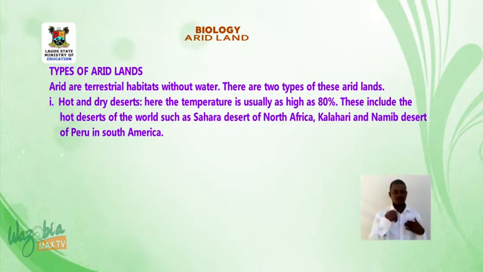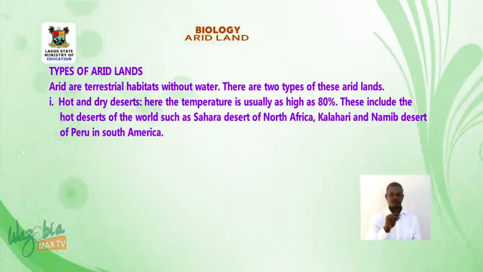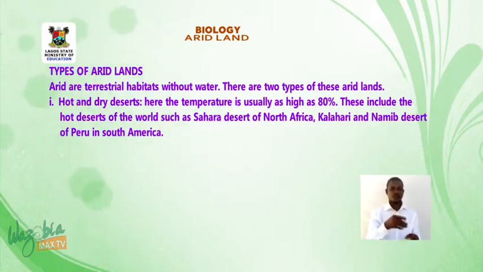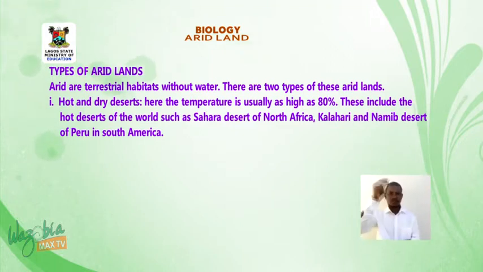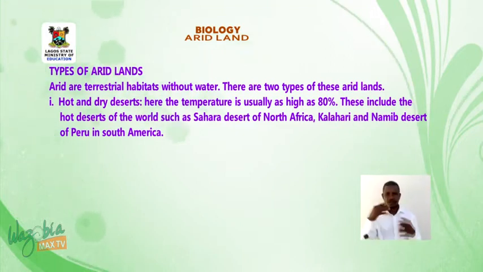Then we have another one, the Kalahari, and the Namib Desert. The Atacama Desert of Peru in South America. So when you are looking at the hot deserts, you see them in North Africa and South America.